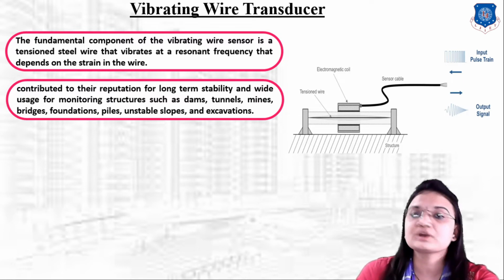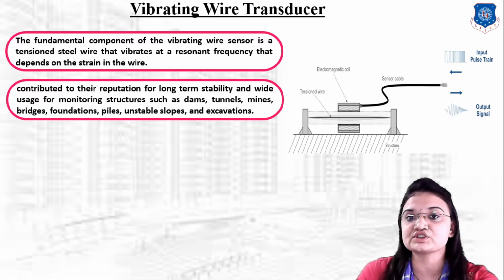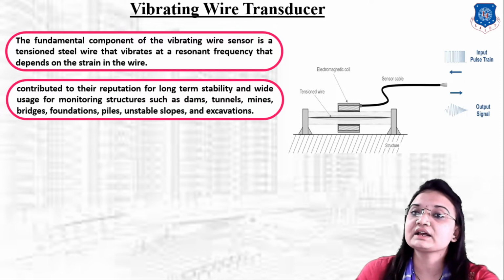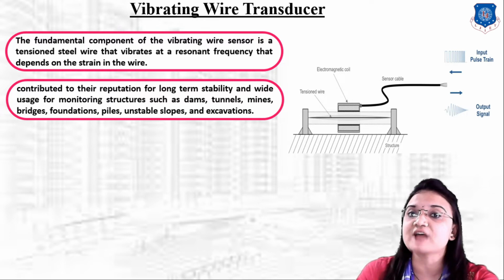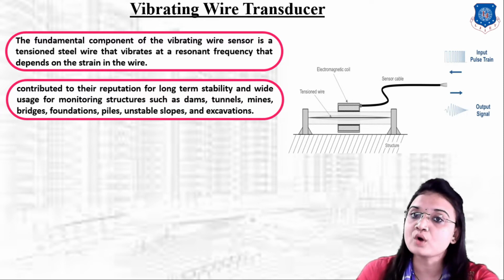It produces output in the form of frequency, rather than the analog output form which is in the form of current and voltage. An advantage of output in the form of frequency is that it is not affected by any external noise, and we can easily transmit this frequency output signal over a long distance.